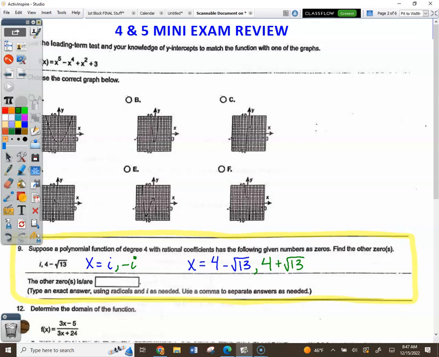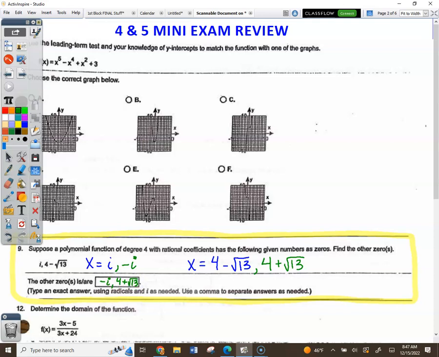The answer here is literally negative i. Remember that anytime a zero has an i or a radical, there's a secret zero right behind it that is just a sign change of the i and the radical. Don't change the 4. The 4 is not an i, it's not a radical. Only change the sign of the i and the sign of the radical. So the answer would be, you could type in negative i and comma 4 plus square root 13.